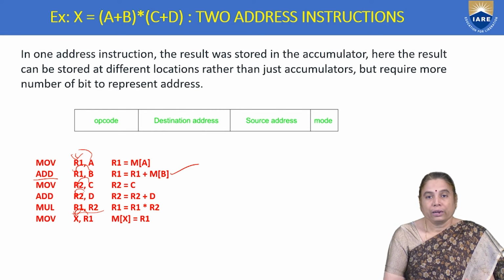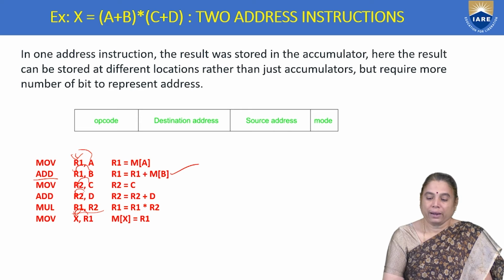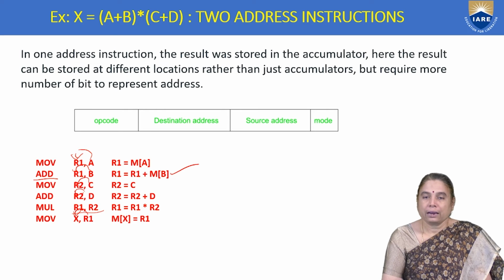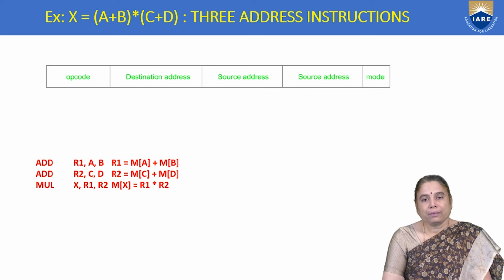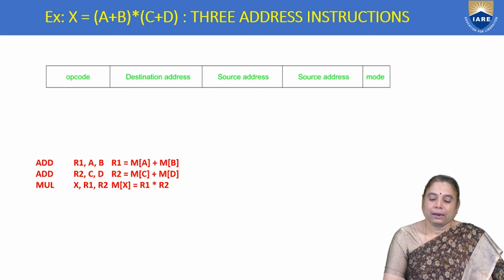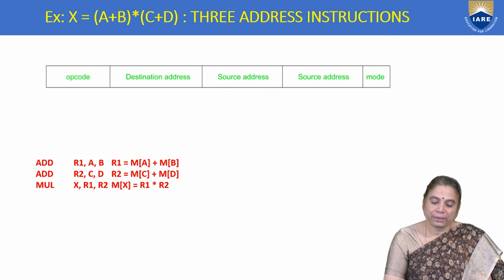Here, there is no need to specify the destination register separately in the case of two address instructions, but this is more simplified in the three address instructions. In the case of three address instructions, the destination register and two source registers can be specified.